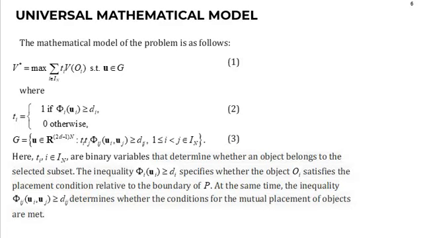The second one is placement optimization, that is, determining the best placement for each subset within the region. By adapting the model to these specific scenarios, we can achieve precise and effective object placement, enhancing therapeutic outcomes and advancing biological research.